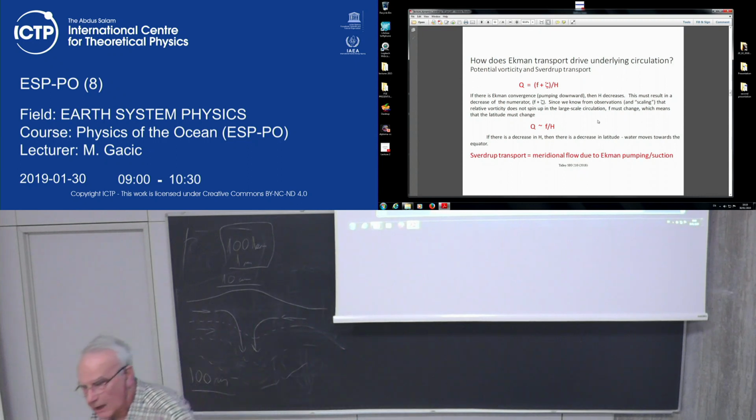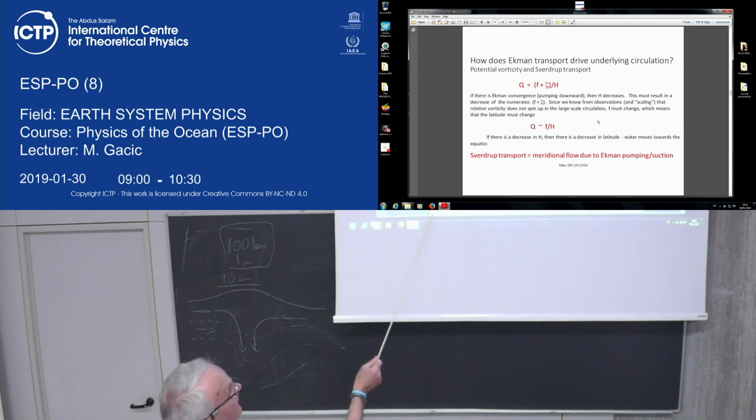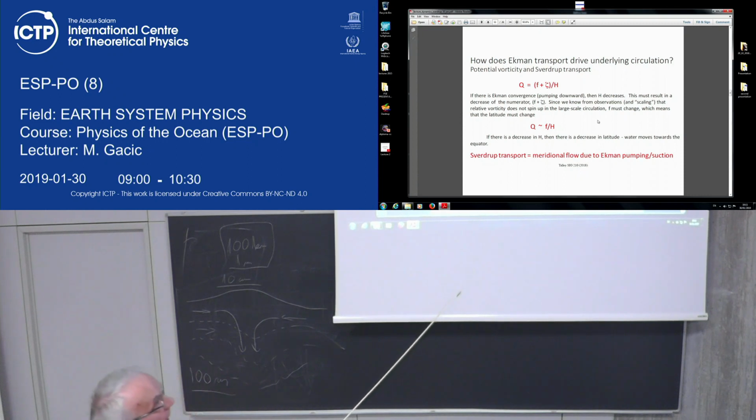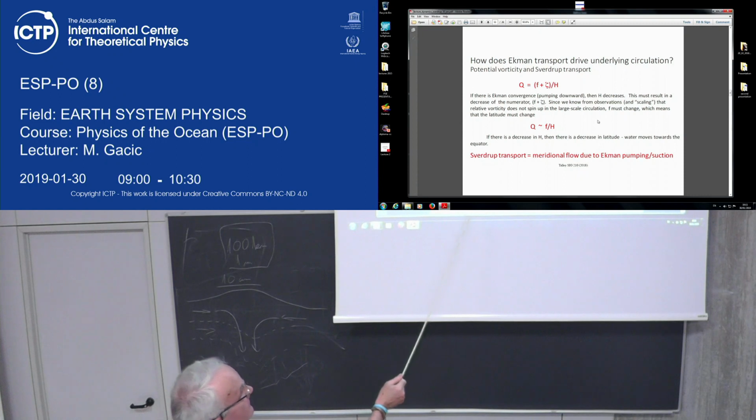The Ekman transport, how it drives the underlying circulation, because if there is Ekman convergence pumping downward, then h decreases, and this must result in a decrease of the numerator f plus zeta, and then this thing here has to be conserved.